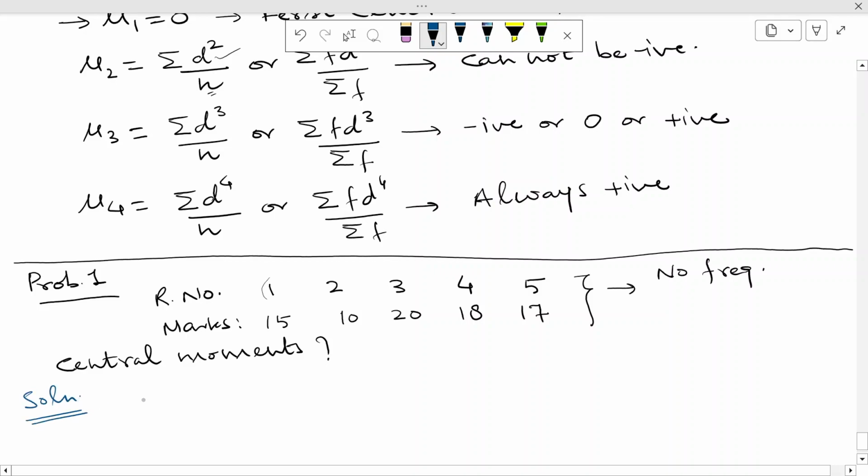Central moments are generally calculated about the exact mean, mu. Okay, means we have to take the deviation from the exact mean.